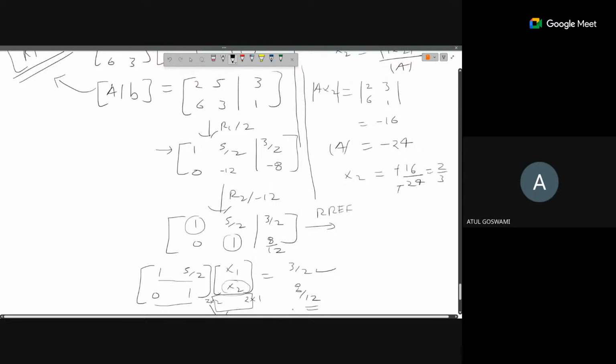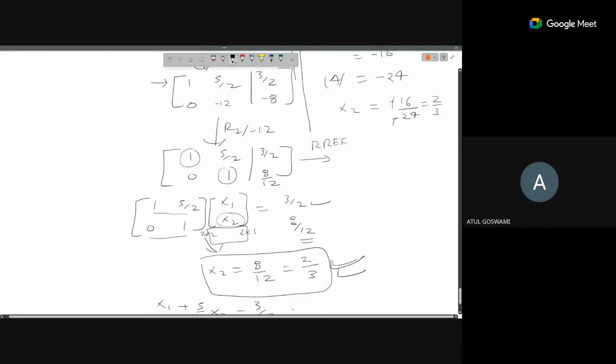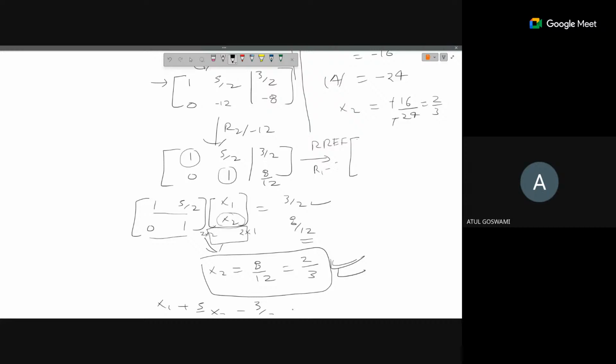So basically, this is Gaussian elimination that I told you. Okay, if I apply one more step here, if I reduce it from row echelon form to row reduced echelon form, one step further, what we get is we apply row 1 minus 5 by 2 times row 2. So we get 1, 0, and then 8 by 12, that is 2 by 3, multiplied by 5 by 2 and subtracted from 3 by 2.